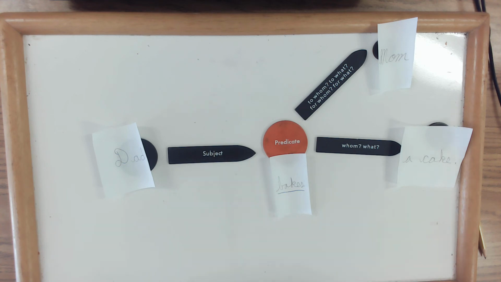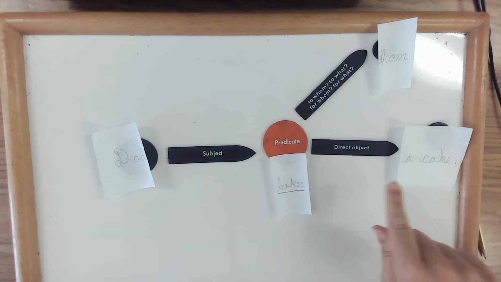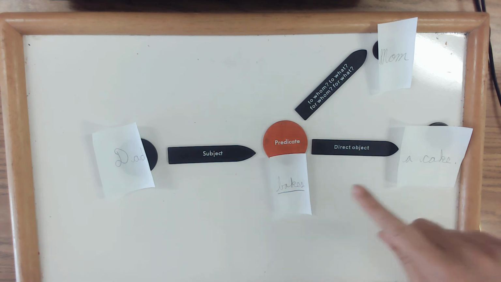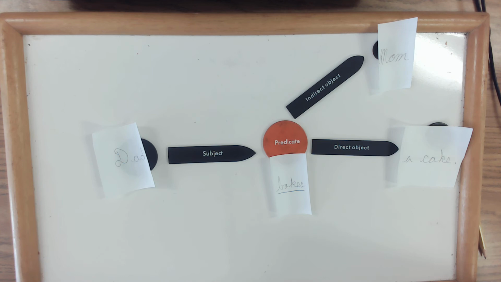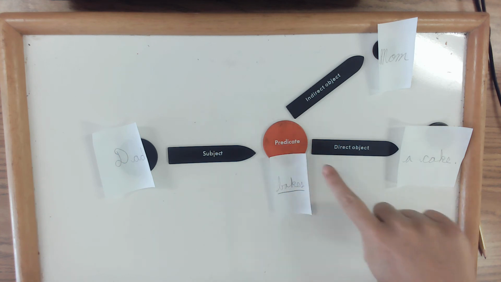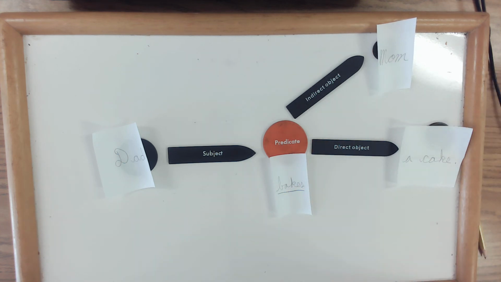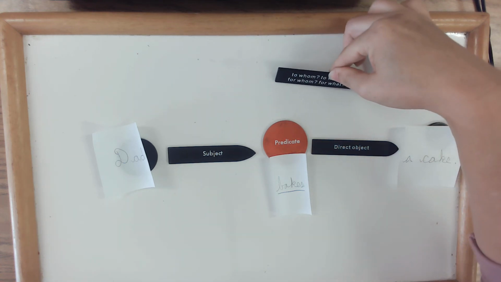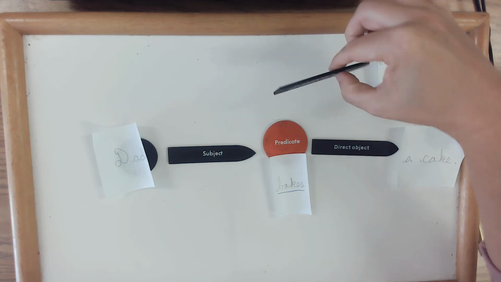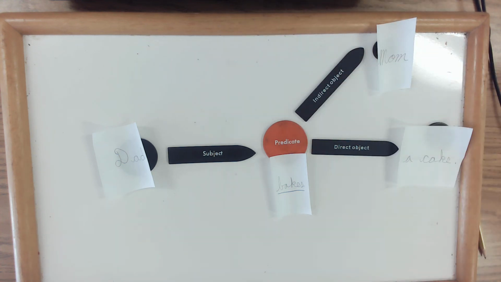He's performing the predicate. A cake is a direct object. It is receiving the action. Now, Mom is an indirect object. It's receiving that through the direct object. So we say that it's indirect, and it answers the question, for whom, for what, or to whom, to what. Dad bakes Mom a cake.